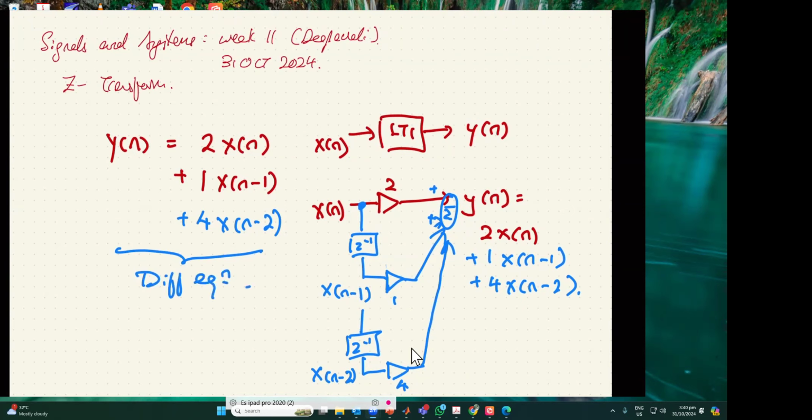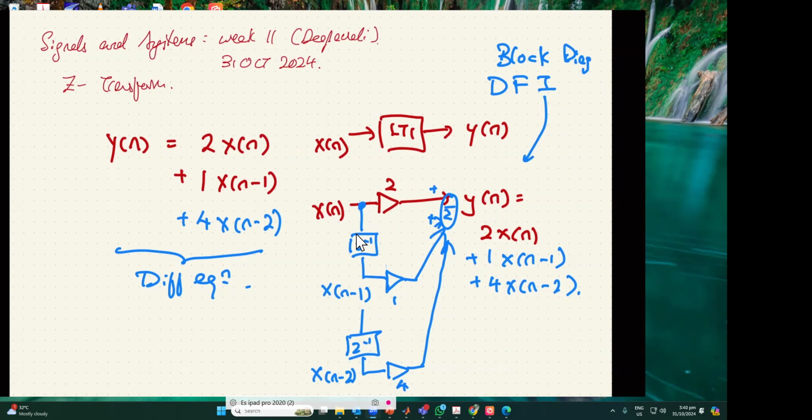And on the right hand side, this is called the block diagram realization of the difference equation. There are many, many block diagrams, and we're only going to use the simplest block diagram called direct form 1.